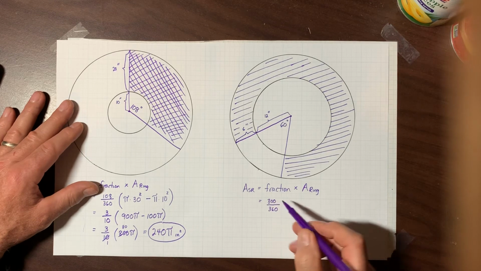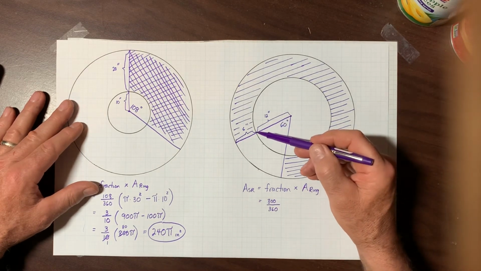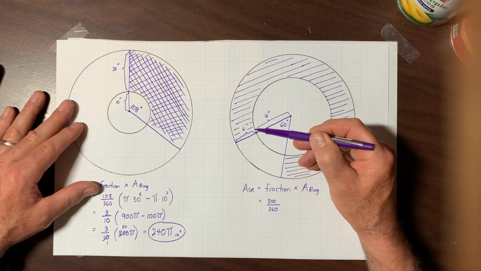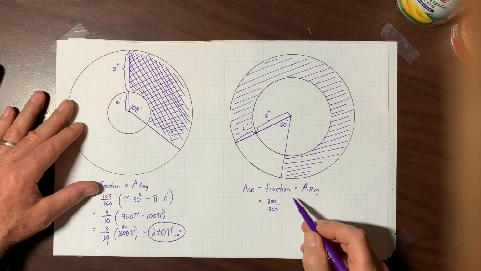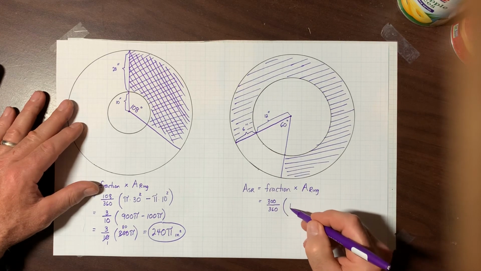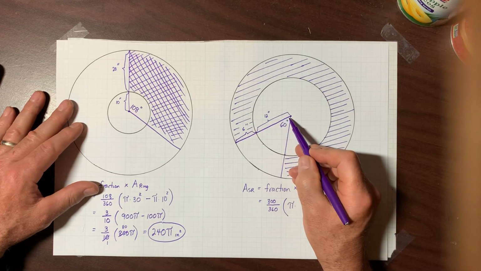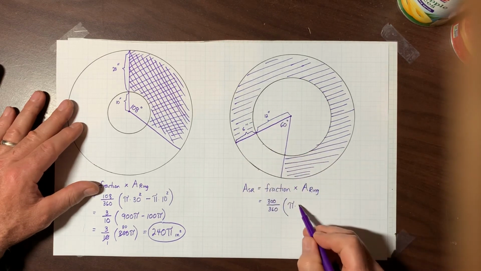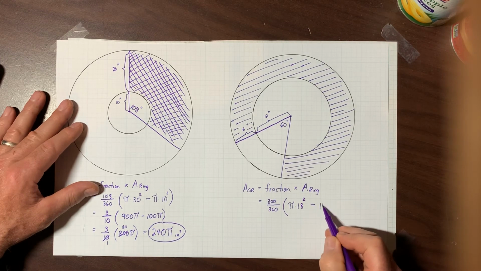The 300 is the degree measure of the arc from here all the way around to here. Then I'm going to multiply by the area of the ring, which would be big circle, so that'd be pi times, and the radius of the big circle is 18 squared, minus the area of the little circle.